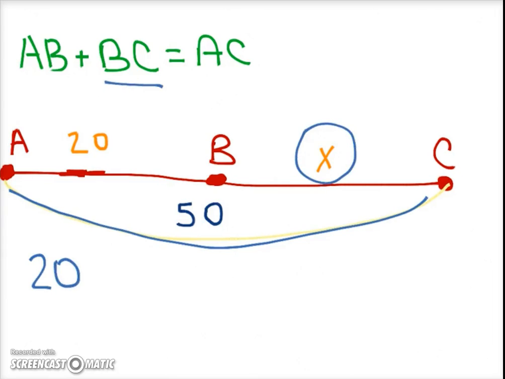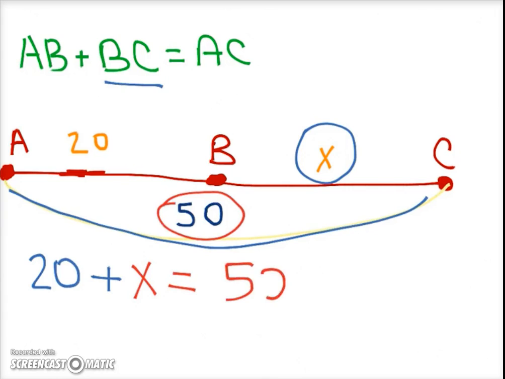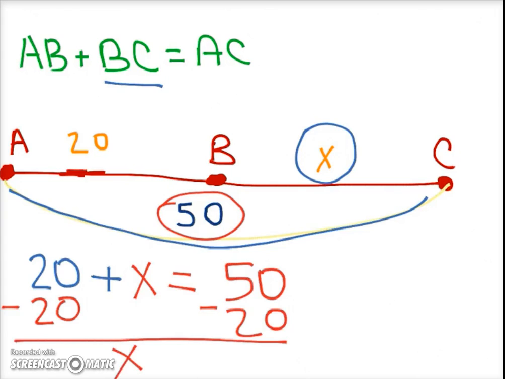Well, we don't know BC, so we're going to put in an x. And we know what the whole thing is supposed to equal, so we set that equal to 50. Now, this is just a regular algebra equation: minus 20 on both sides. x equals 30. So we know that this part here is 30.